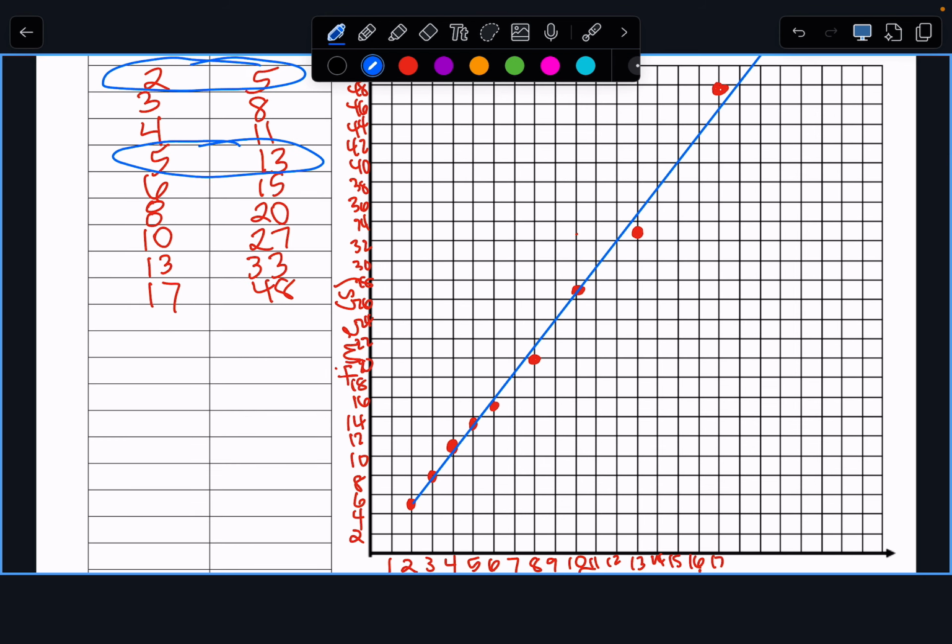So let's talk about what 8/3 represents in terms of the context of our problem. Remember, slope is rise over run. What is that representing? In the context of our problem, what is the slope? Seconds per person.